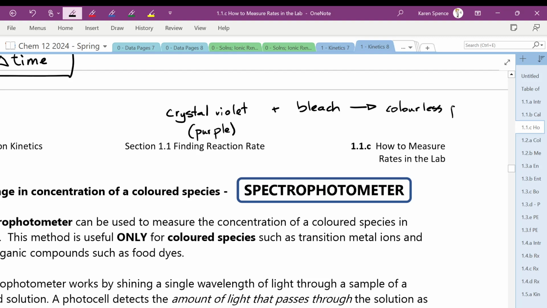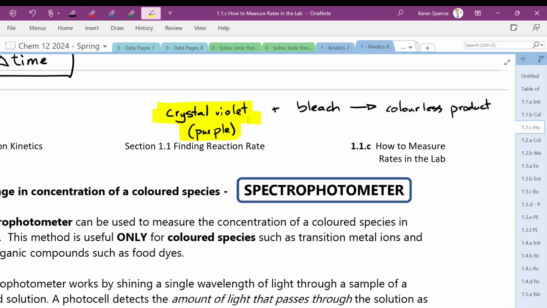Colorless product. And someone says, how could you monitor the rate of this reaction? You could say we could measure the concentration of crystal violet by monitoring its change in color. Yes? And that's all you'd have to say for grade 12.